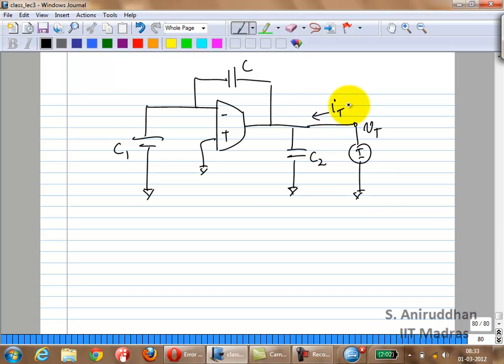I want to find out the output impedance of this particular combination. What is it going to look like? So let me call this Vx. What is Vx? C by C plus C1 times Vt. Correct?